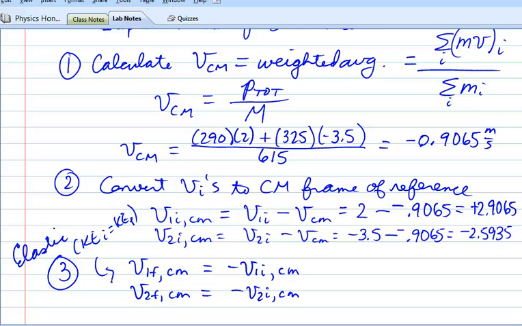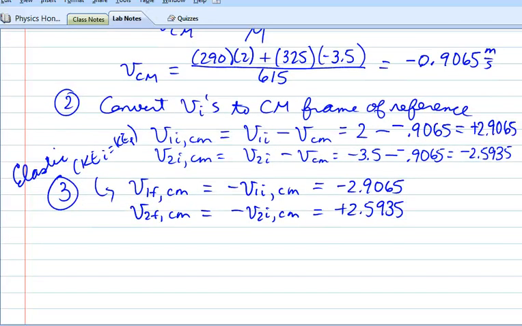So we just flip the signs, so this will be negative 2.9065 and this will be positive 2.5935. In other words, the two objects just bounce off each other, and from the center of mass point of view, they just rebound with opposite velocities. Now the fourth step is to convert back to the quote lab frame of reference.